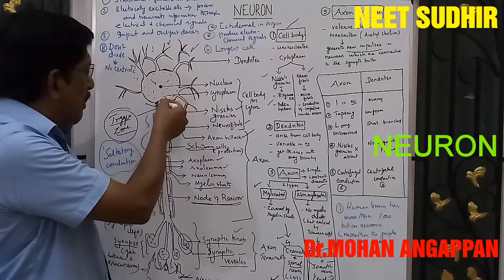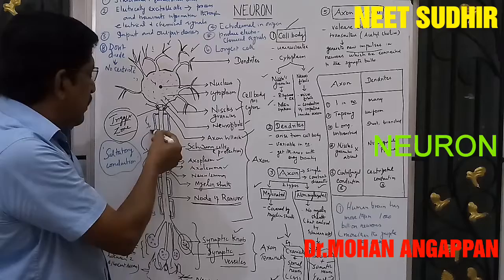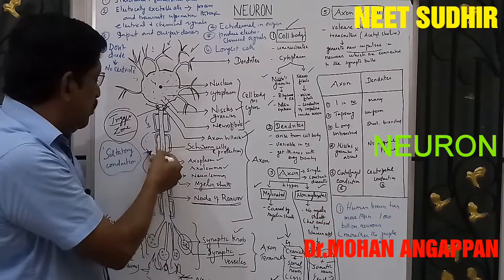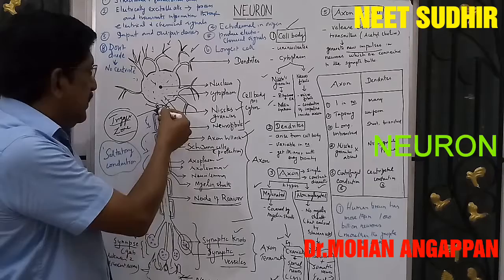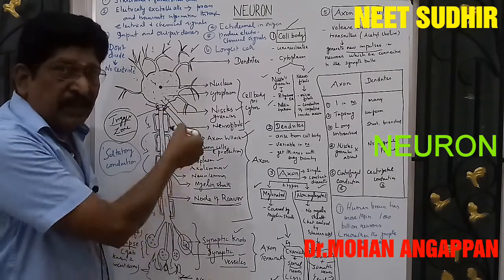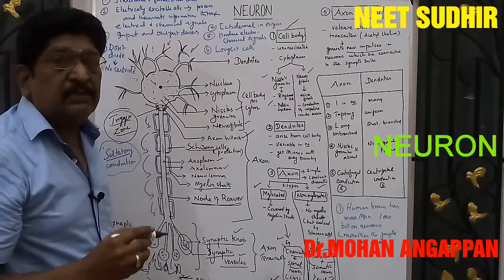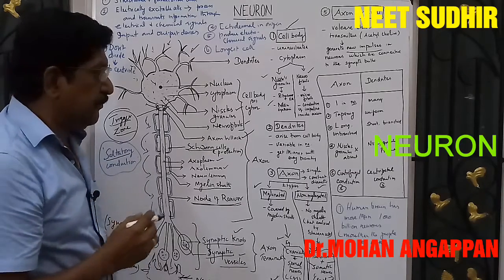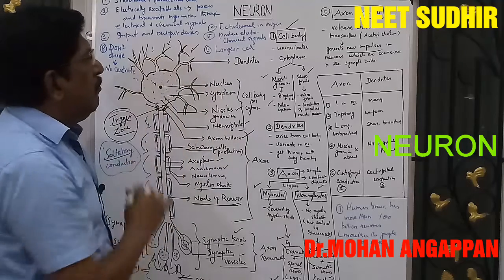The impulses are conducted quickly, jumping from node to node, from this node to the next node, and the next. That type of conduction of impulse is called saltatory conduction. You must know saltatory conduction. So this is about these main points.